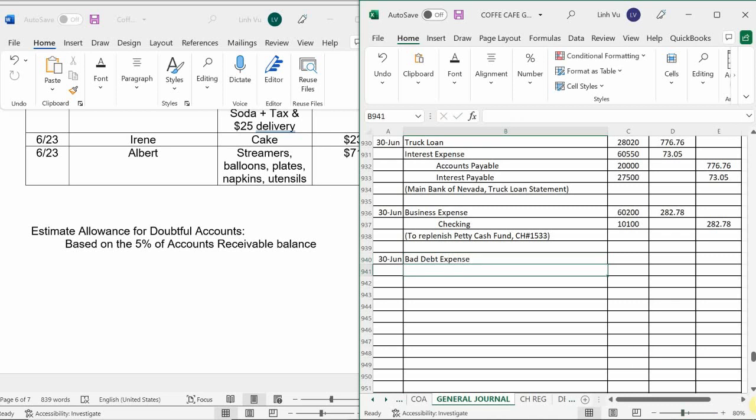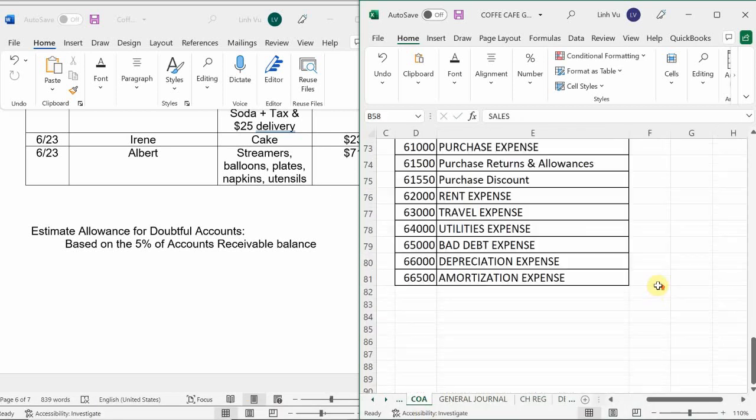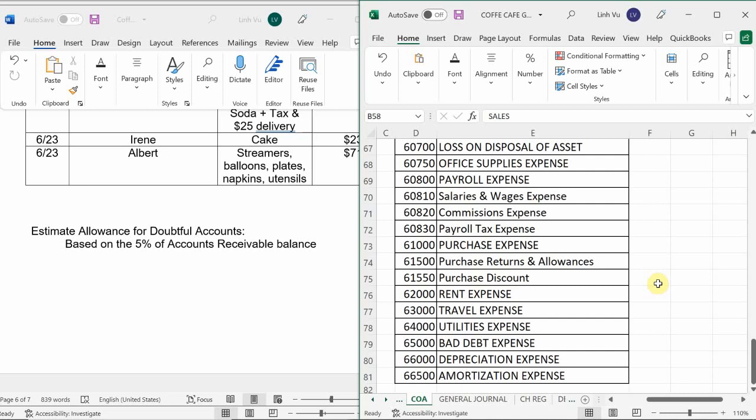Okay, so what account number is my bad debt expense account? $65,000.